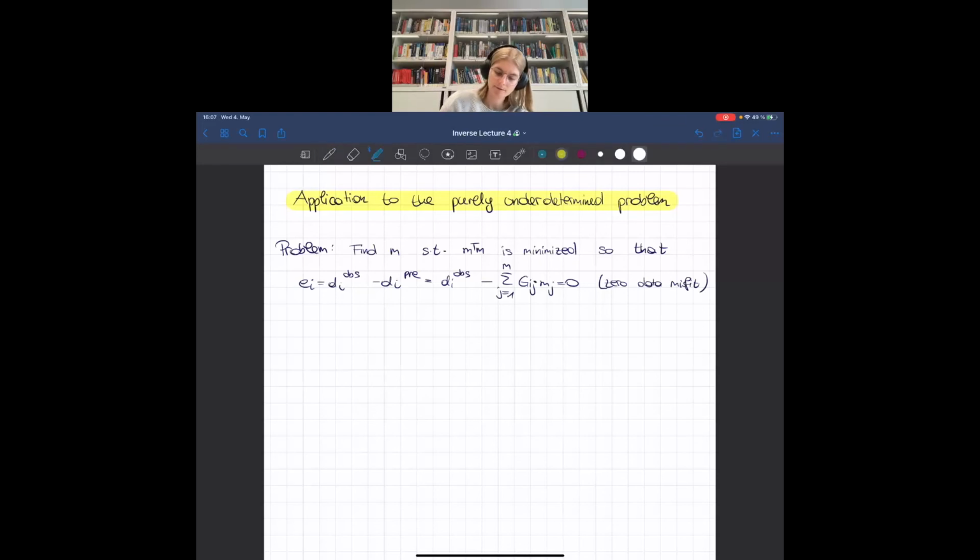And this thing I've just written down contains your model. For example, if you have least squares, you can go back to m1 plus m2 times z_i, or whatever you want to have.